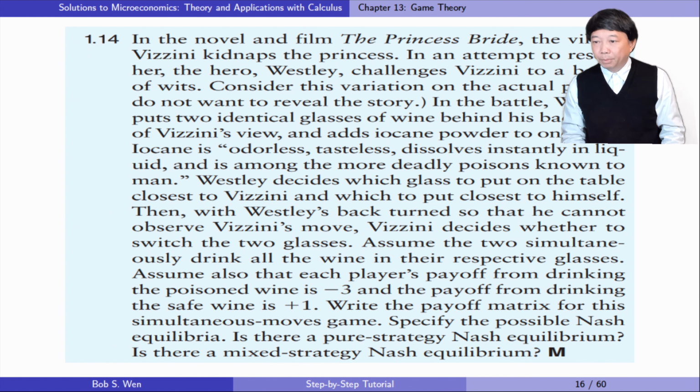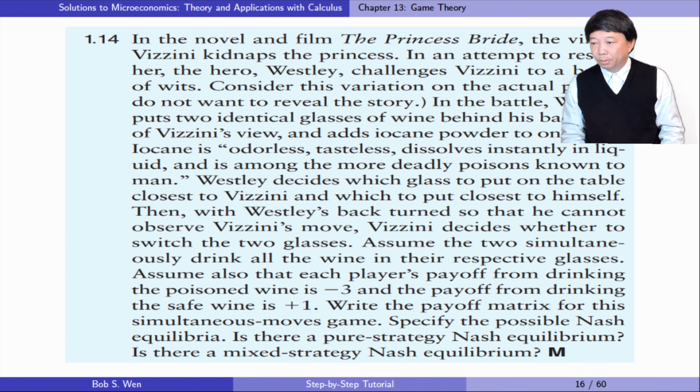Assume the two simultaneously drink all the wine in their respective glasses. Assume also that each player's payoff from drinking the poisoned wine is -3 and the payoff from drinking the safe wine is +1. Write the payoff matrix for this simultaneous move game.